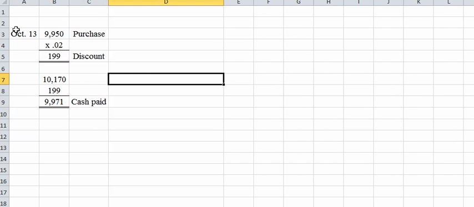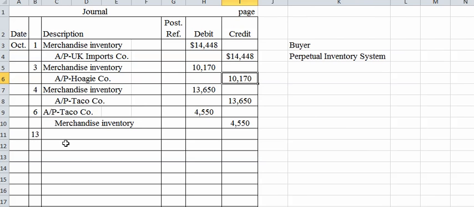Okay, so now we've got to turn this information into a journal entry on the 13th. Well, the first thing we're going to do on the 13th, we're paying off this debt completely to Hoagie Company. Okay, so if we have paid them completely, then we need to take this entire amount off the books.